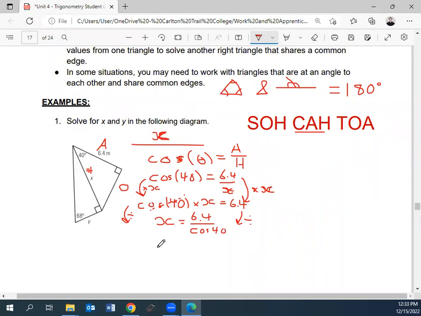If you punch that into your calculator, you're going to get x is equal to 8.36 meters. I'm just going to box that because that's pretty important.